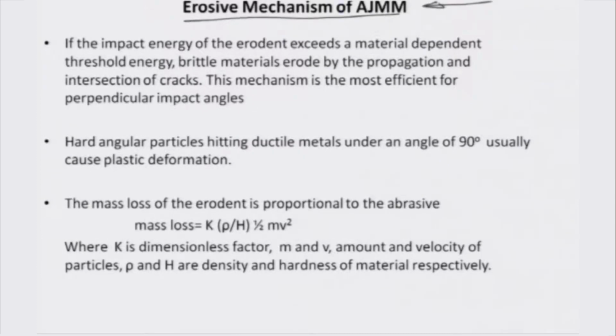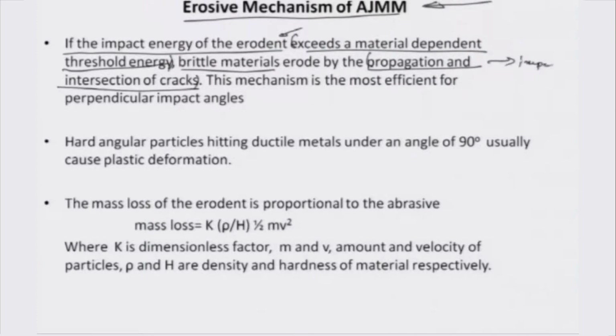Now, if the impact energy of the erodent exceeds the material dependent threshold energy which binds the material, particularly in brittle materials, what happens is that there is a propagation and intersection of cracks which come because of this impact onto the surface of the material.